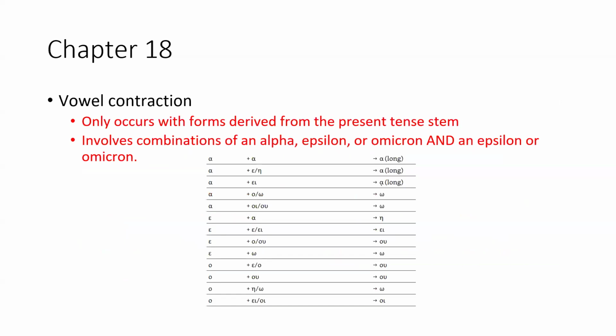So vowel contraction only occurs with forms derived from the present tense stem, and involves combinations of an alpha, epsilon, or omicron, and an epsilon or omicron.